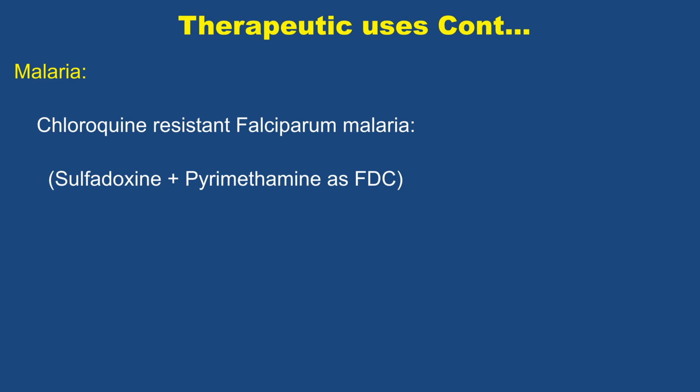This pyrimethamine is a slow acting agent and does not produce suitable actions alone for the acute attack of malaria. Thus, this pyrimethamine sulfadoxine therapy can also be combined with quinine for acute attack of chloroquine resistant Plasmodium falciparum malaria.